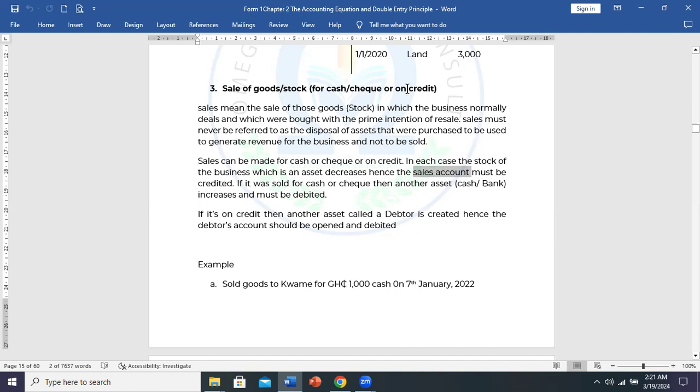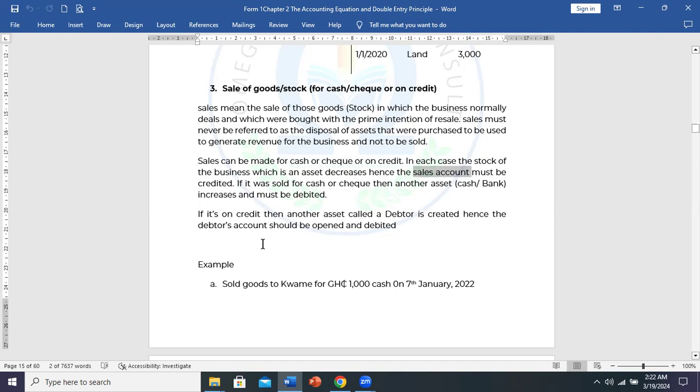If it is on credit, then we would have a debtor. So that is what is written here. If it was sold for cash or check, then another asset, cash or bank, increases. But if it was sold on credit, then another asset called a debtor is created.